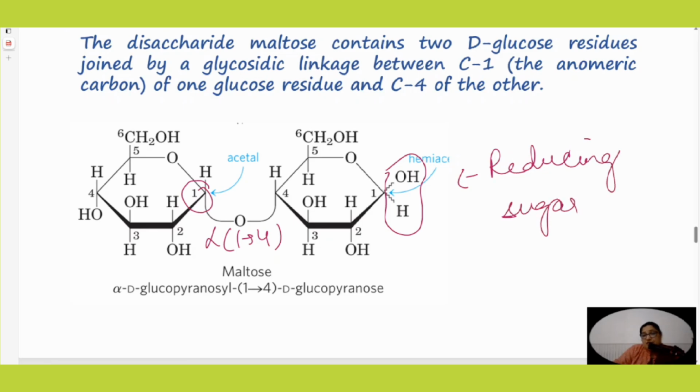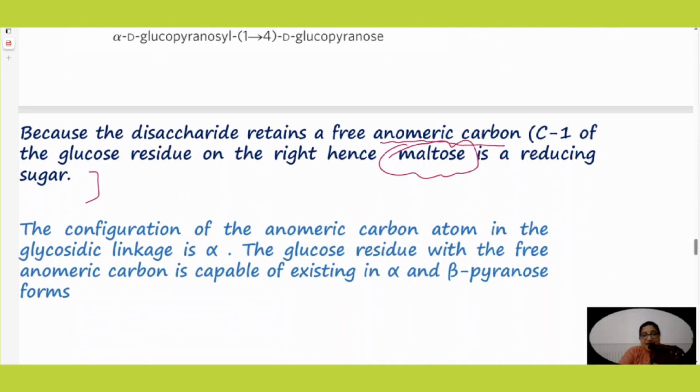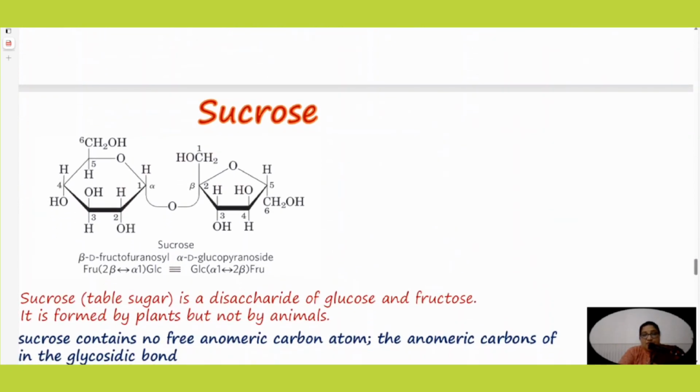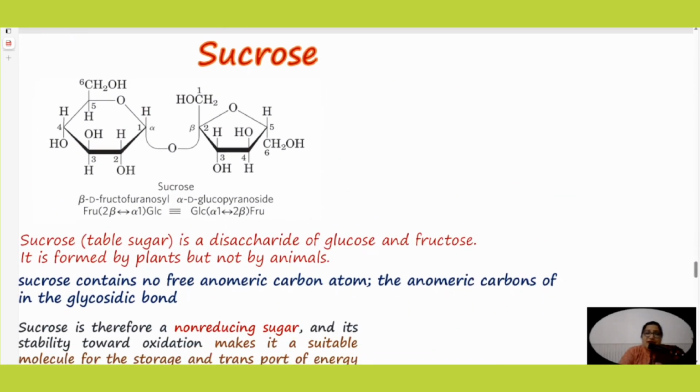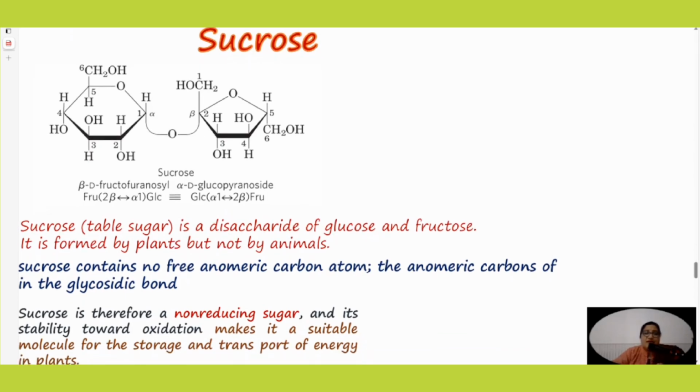Now moving on to another disaccharide, let us talk about sucrose. Sucrose, as we already know, is known as table sugar and it is composed of one residue of glucose and another residue of fructose, linked together by an alpha 1,2 linkage.